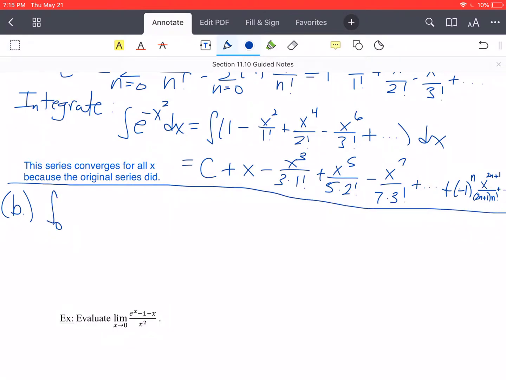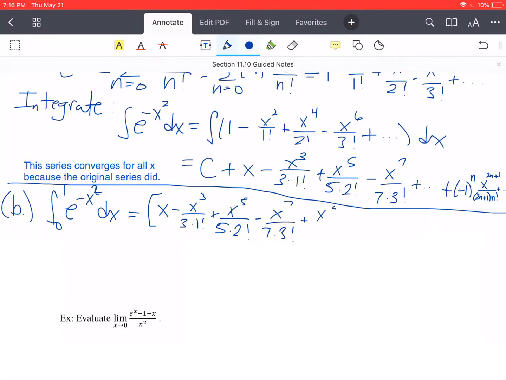We have the integral from 0 to 1 of e to the negative x squared dx equals, right, x minus x cubed over 3 times 1 factorial plus x to the 5th over 5 times 2 factorial, etc. And I'll go ahead, I'll throw another one in there. x to the 9th over 9 times 4 factorial. Evaluated from 0 to 1.